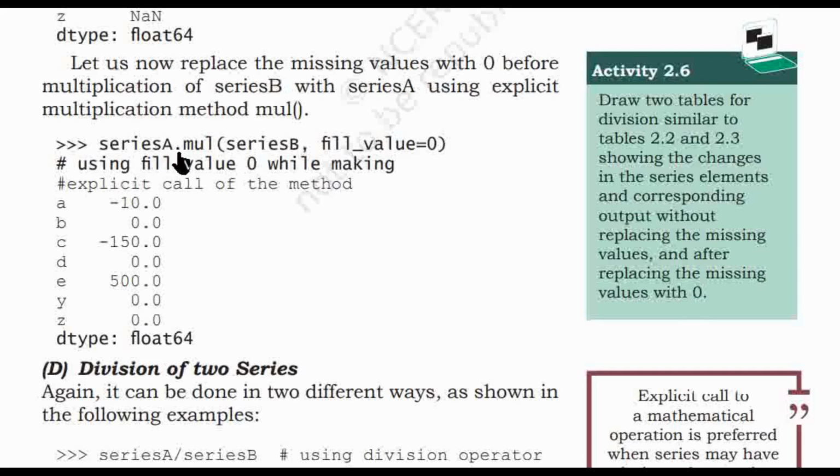Series A.mul(series B, fill_value=0), using fill value 0 while making an explicit call of the method: minus 10.0, 0.0, minus 150.0, 0.0, 500.0, 0.0, 0.0, data type float64.